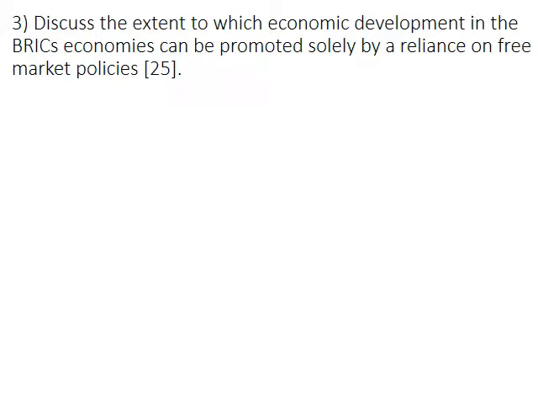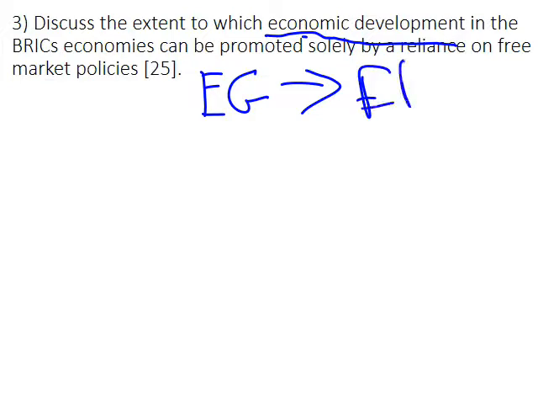Okay students, so this week's homework question is: discuss the extent to which economic development, and remember economic development needs growth before development, in the BRICS economies, so using examples of Brazil, Russia, India or China, can be promoted solely by reliance on free market policies.